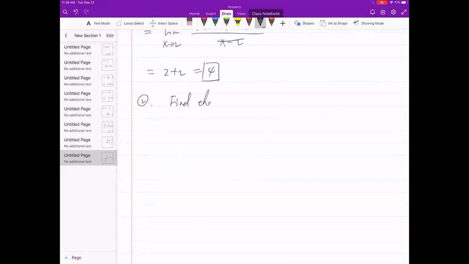Find the changing rate of y equals 1 over x at x equal to 1. What is the changing rate?